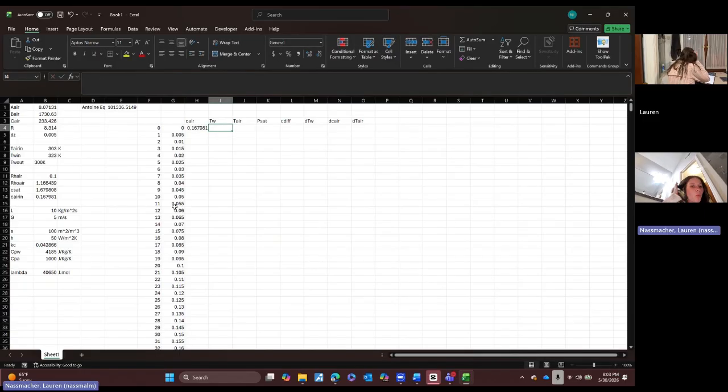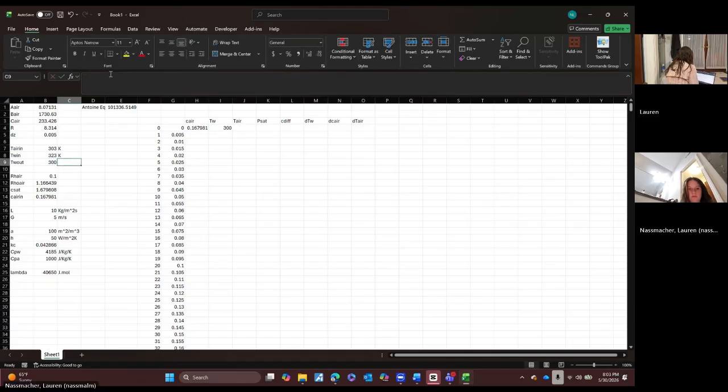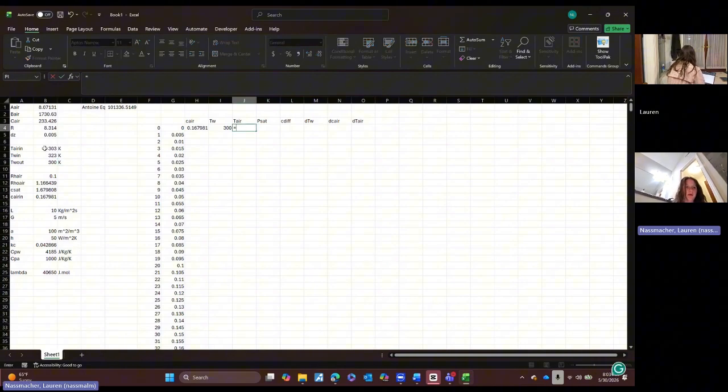Temperature of our water is just what we hypothesized, which is 300. I'm gonna get rid of that K. Temperature of our air is the temperature of the air going in. Our saturated pressure is our R value divided by our.